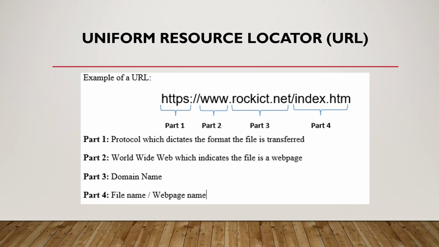So the first part is the protocol, which dictates the format the file is transferred. The second part is the World Wide Web, which indicates the file is a web page. The third part is a domain name, and the fourth part is the file name or the web page name.